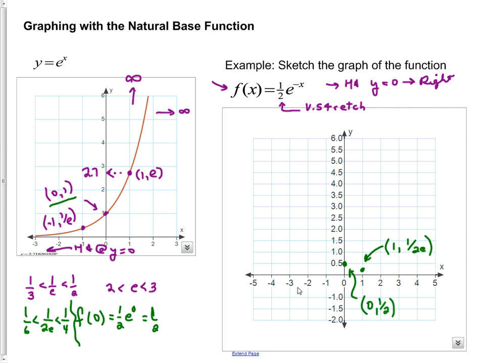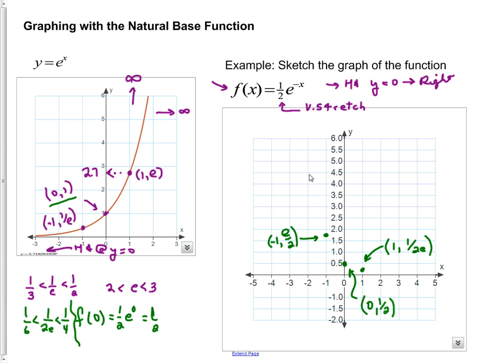On the other side, if we put in negative 1, that means we're going to have e to the positive first times 1/2. Well, 2.7, about half of that is going to be about 1.35 or so, right down here. So at negative 1, we're going to get 1/2 of e to the positive 1, so that's e over 2 as our exact value.